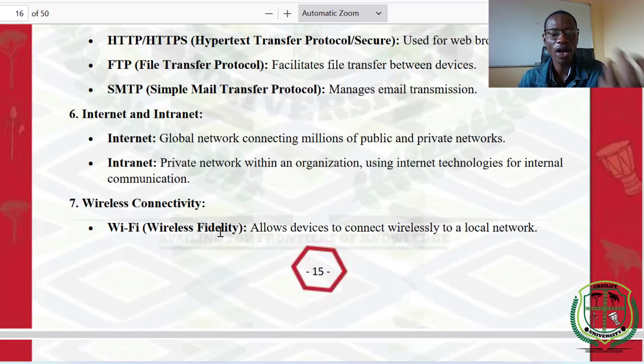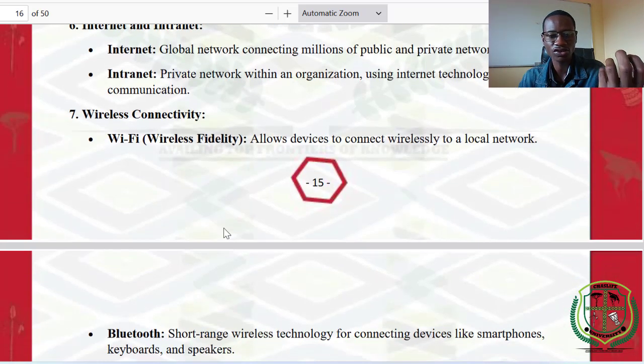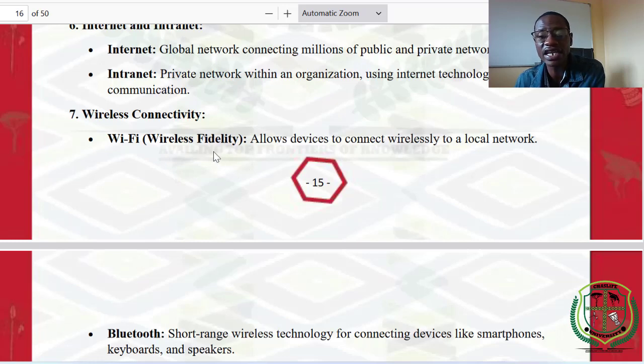Then there's what we call wireless connectivity. When we talk about networks, there's wireless Wi-Fi. The word Wi-Fi means wireless fidelity. Wireless fidelity allows devices to connect wirelessly to a local area network.